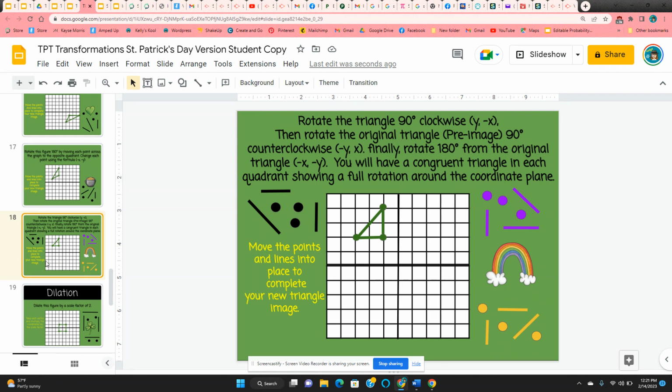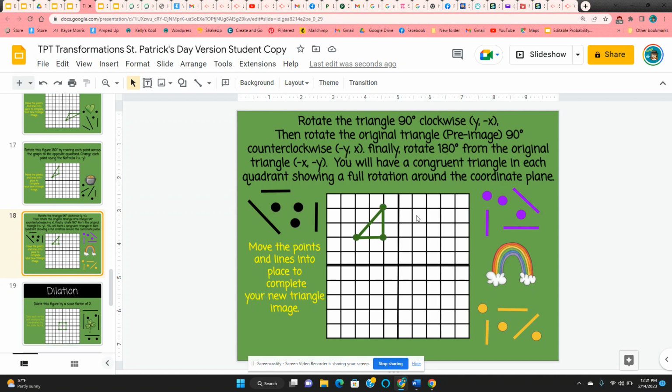And now they're going to be having 3 new rotations. They're going to have one in quadrant 1, quadrant 3, and quadrant 4. So they're going to start by rotating 90 degrees clockwise, which would put it in quadrant 1 using the formula y, negative x.